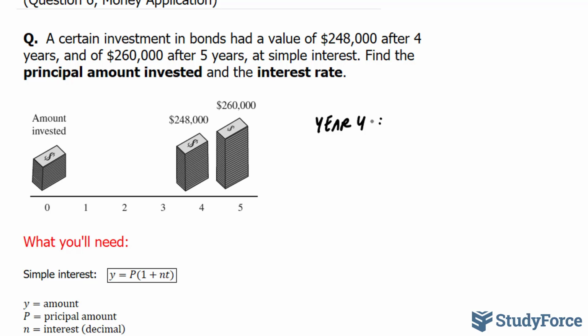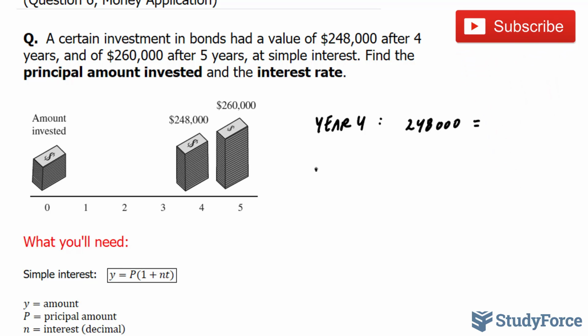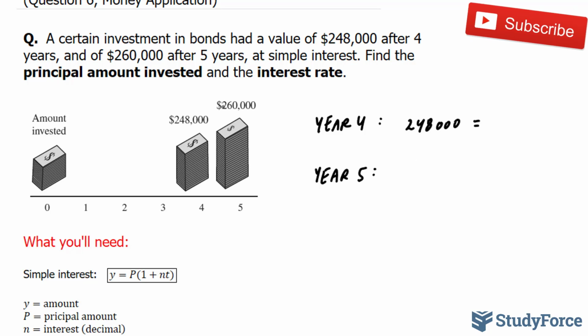we are told that there's $248,000 in this account. That represents the amount, 248. So I've simply replaced y with 248, and I can do the same thing for year 5. So I'll create the two equations at the same time. We have $260,000 after 5 years.